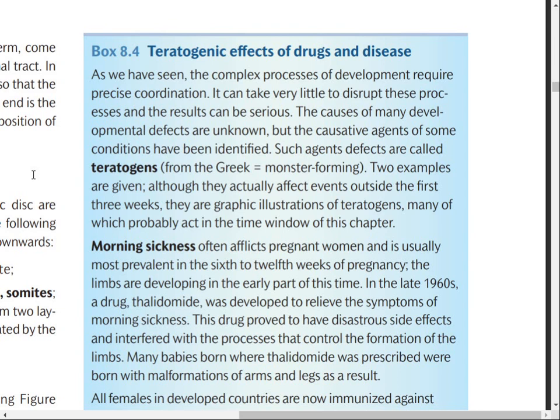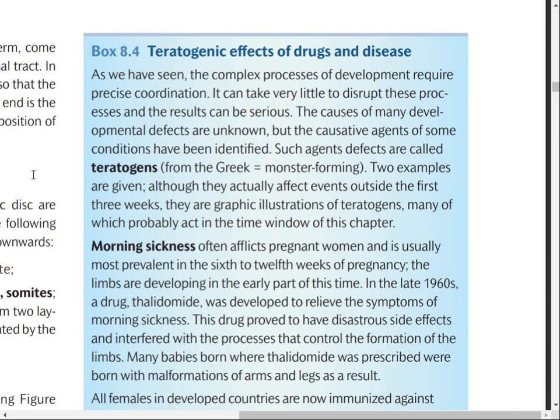In the late 1950s, a drug, thalidomide, was developed to relieve the symptoms of morning sickness. The drug proved to have disastrous side effects and interfered with the processes that control the formation of the limbs.